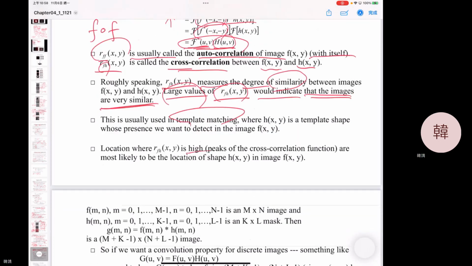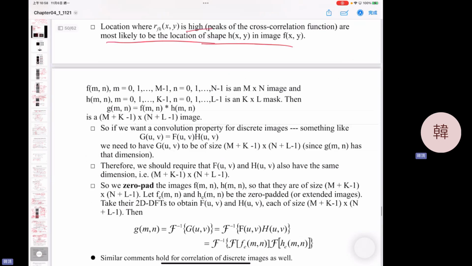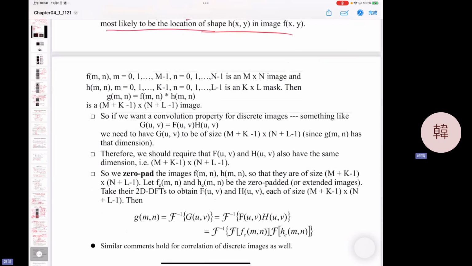This is also a comparison of two images. Now, you are going to do some zero padding before your operation. Why does that happen? Because if you don't do that, you will sacrifice the boundary condition.